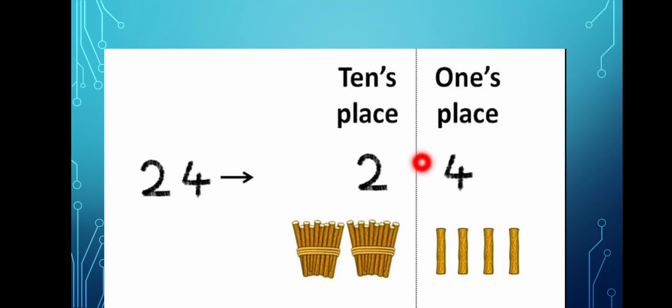So, the ones place indicates the number of ones. In this case 4 ones are there, and the tens place indicates the number of tens. In this case 2 tens are there.